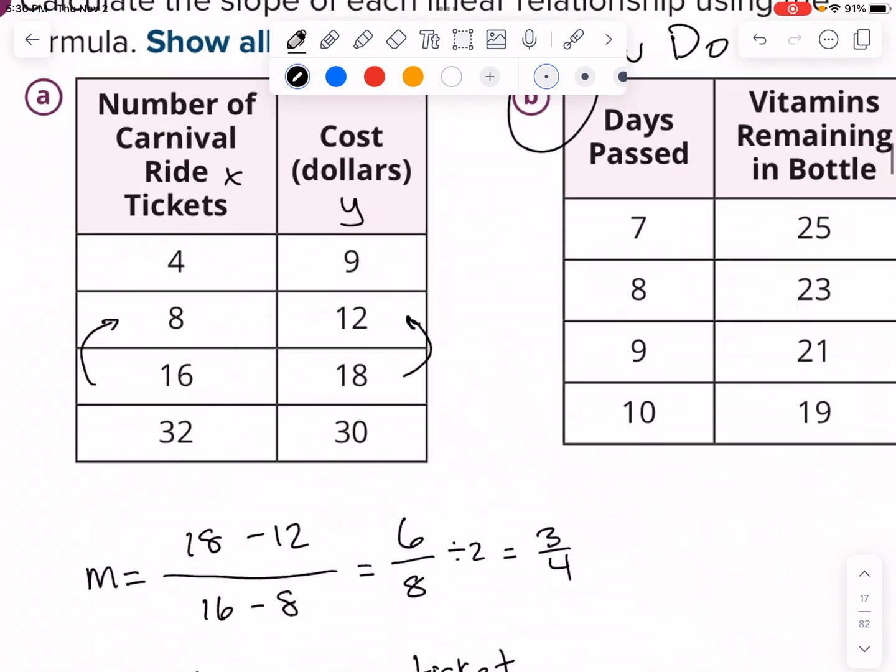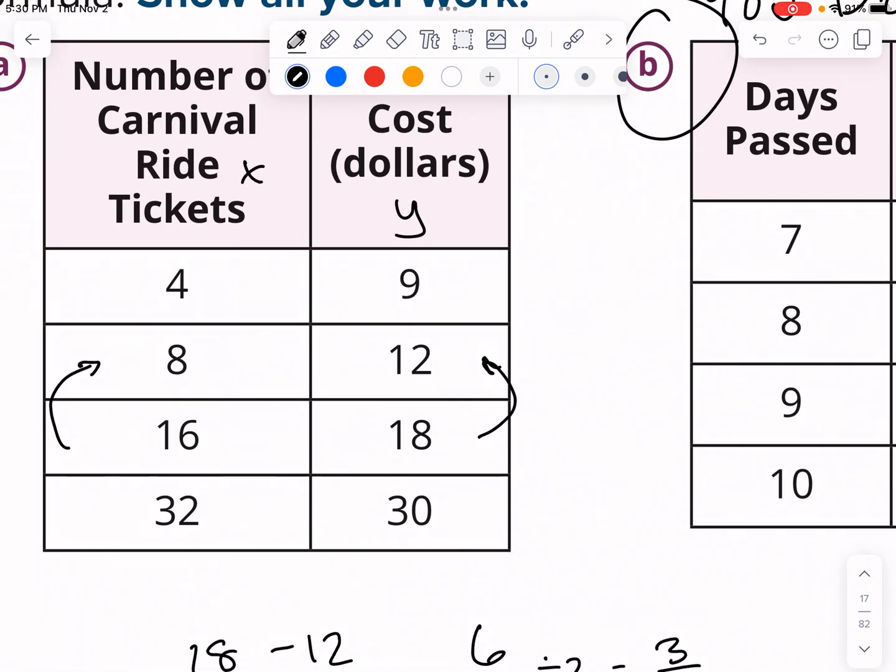Now, for the first one, I don't see where x is 0, but we can find it though. If you look at the pattern for x, I'm going to write it like this. This looks like it's multiplying by 2, because 4 times 2 is 8, times 2 is 16, times 2 is 32. So let's go backwards. If I divide this by 2, 4 divided by 2 is 2.